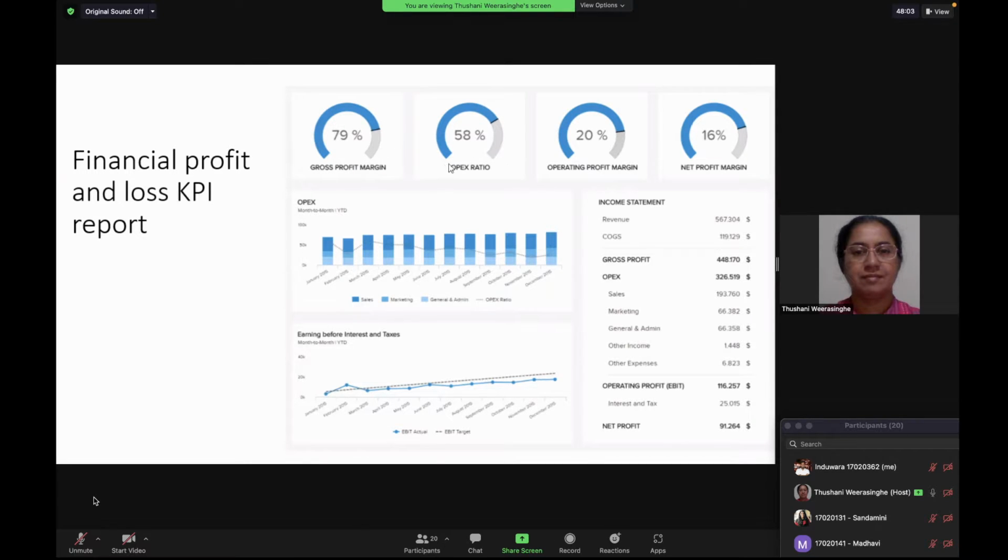So the operations going on are reported in this report, just for managers to identify whether they are achieving the targets. These can be prepared daily, weekly or monthly, depending on their requirement.